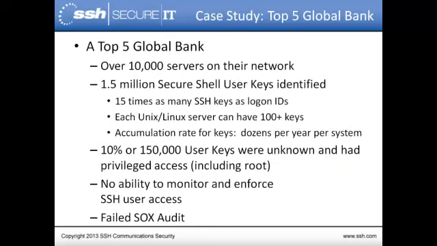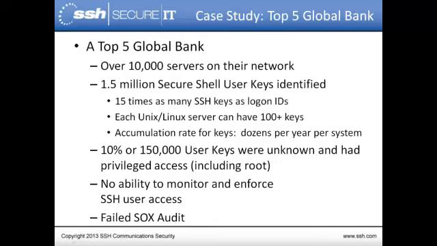And summing up with a case study, one of the customers that we're working with, a top 5 global bank, has over 10,000 servers on the network, and what they found is 1.5 million secure shell user keys identified. One of the key points here is that there were 15 times as many secure shell keys as login IDs.